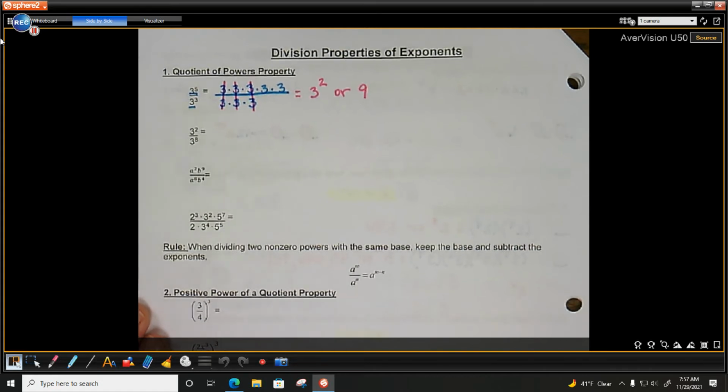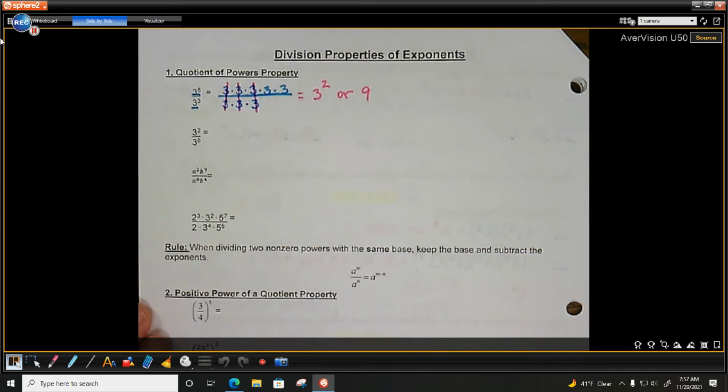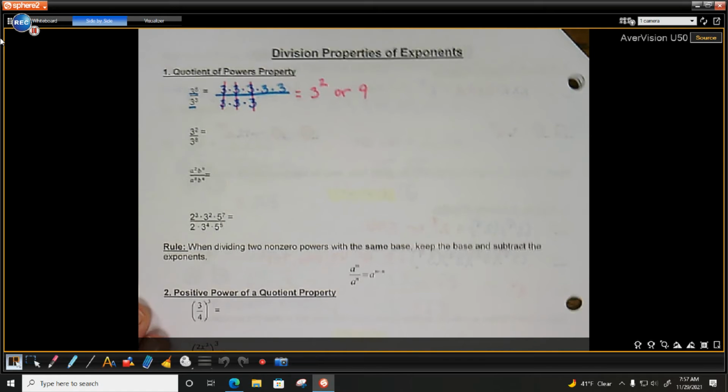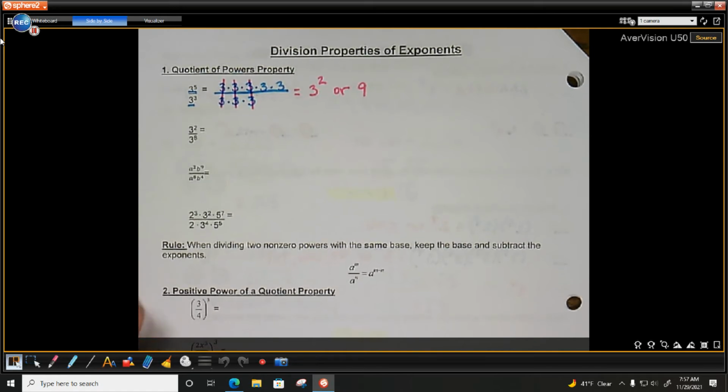When we divide, you subtract. Does that logically make sense? Adding and subtracting are opposites of each other. Multiplying and dividing are opposites of each other. Okay? The only tricky thing is you need to know where your base should be, whether it be in the numerator or the denominator. Okay?